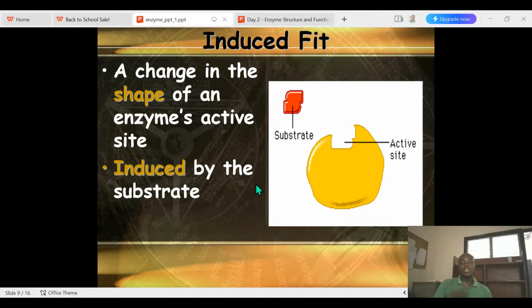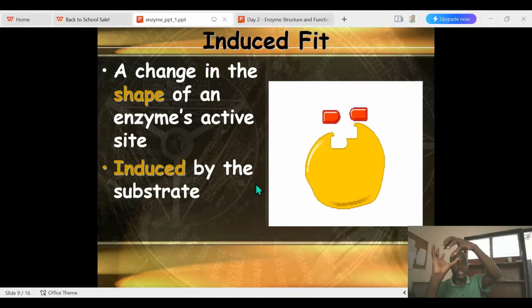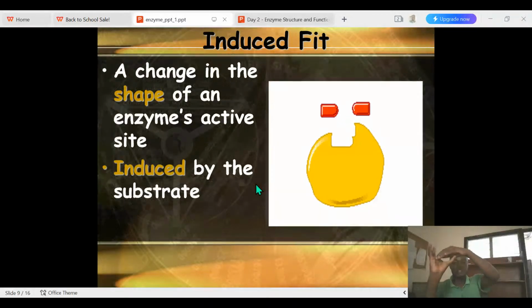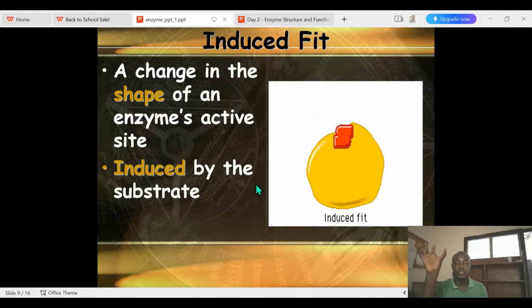So what we are saying here is, generally the active site of the enzyme doesn't accommodate the substrate. So we have what we call an induced fit. In the case of induced fit, it is induced by the substrate.